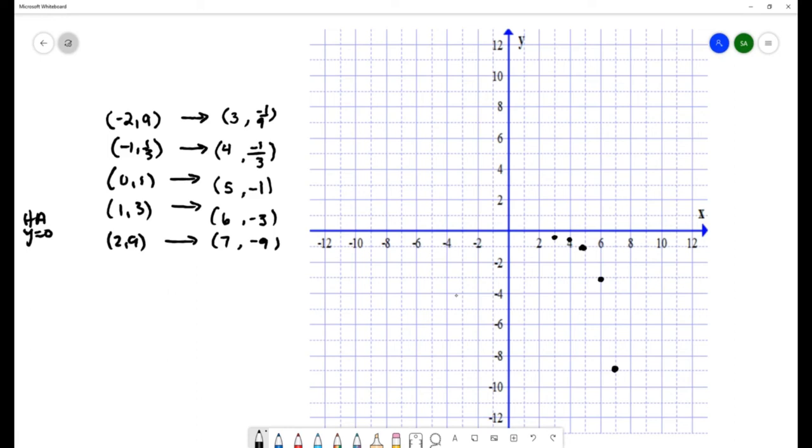So I can connect these points together. You can see that the horizontal asymptote has not moved. It is still right on top of our x-axis. We have that horizontal asymptote at y equals 0.